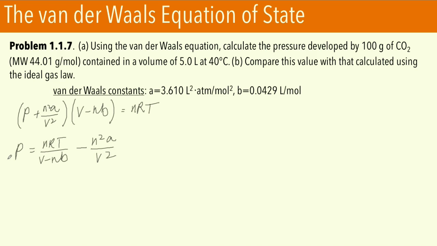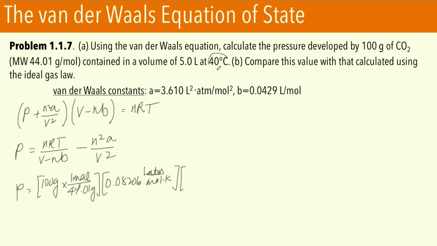It's now just a matter of plugging in all the values that we have. So P is equal to, for the number of moles, we're given 100 grams of carbon dioxide, and luckily we're also given the molecular weight. So this is just 100 grams times 1 mole of carbon dioxide divided by 44.01 grams, times R, which is 0.08206 liters atmosphere per mole Kelvin, times temperature.